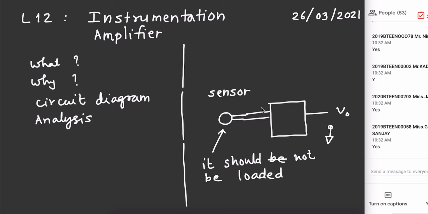It means you should not draw current from the sensor, you should sense the voltage. So the sensor which gives voltage output will expect that it should not get loaded. So expect voltage from it, no current from that. So in this sense, the input impedance should be as high as possible. So this is one requirement.